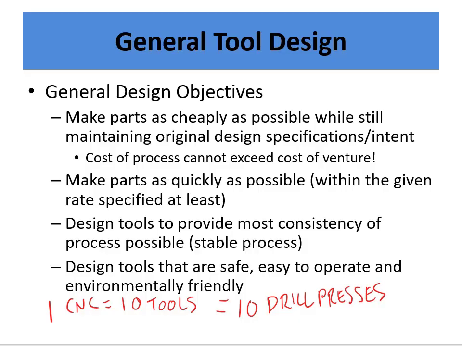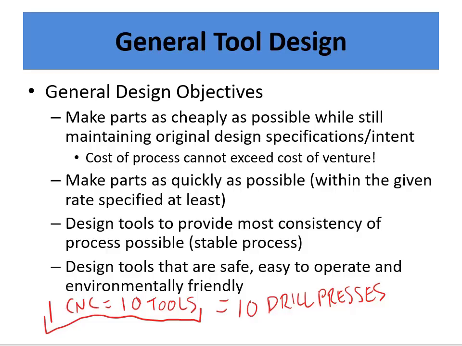If we have one CNC and that one CNC has 10 tools in it, that equals 10 drill presses. Maybe we can make a part where we put it in the CNC one time and do 10 operations to it. If we didn't have the CNC machine and we were using drill presses, maybe we'd have to move it between 10 drill presses. And that moving of the part from drill press to drill press might cause inconsistency in the parts. That's just a made-up example, but that's a way to think about it.